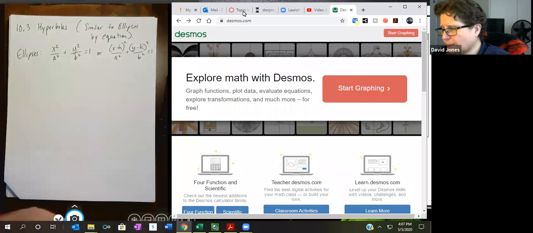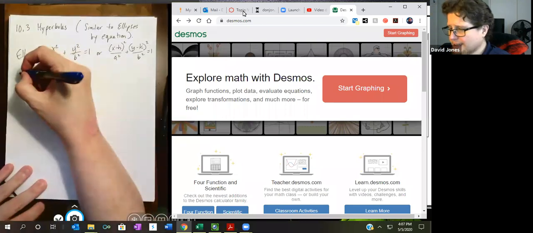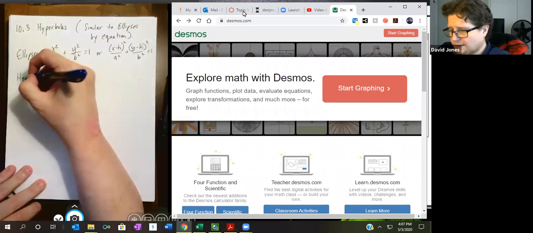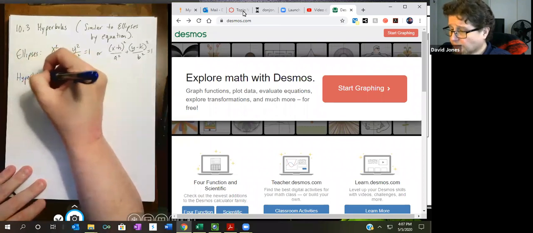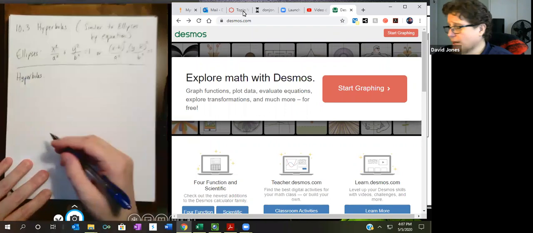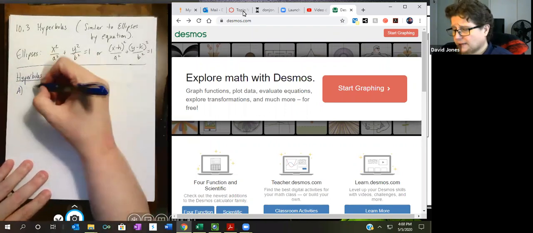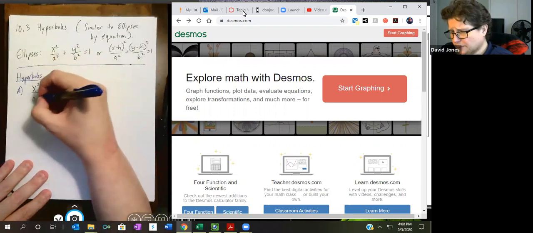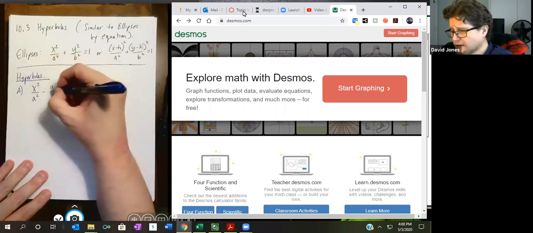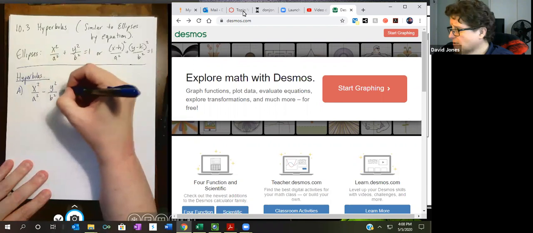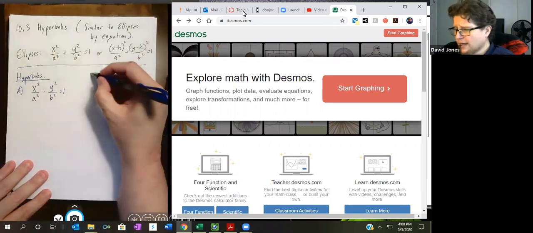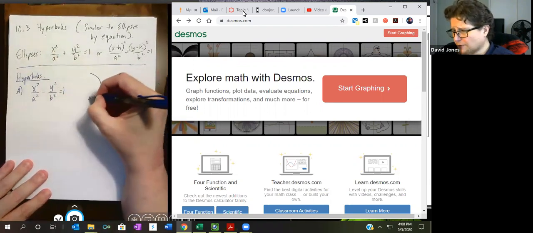Hyperbolas change by a single thing. One of these terms is negative. We have two choices. If our x term is positive, we have hyperbolas that open sideways.